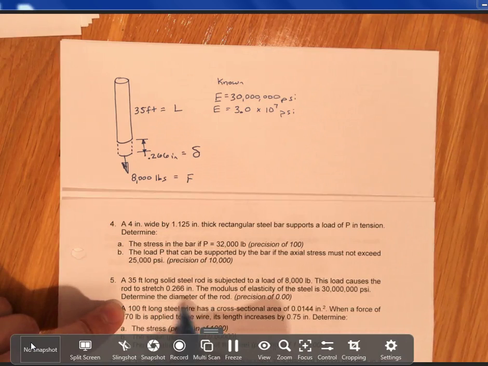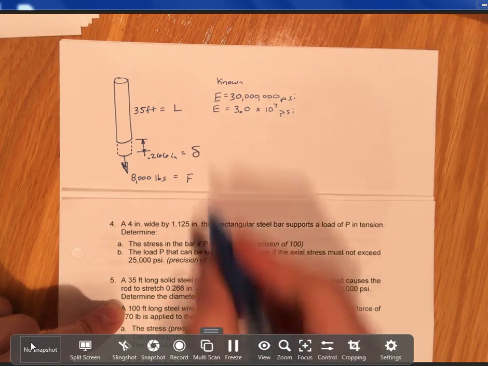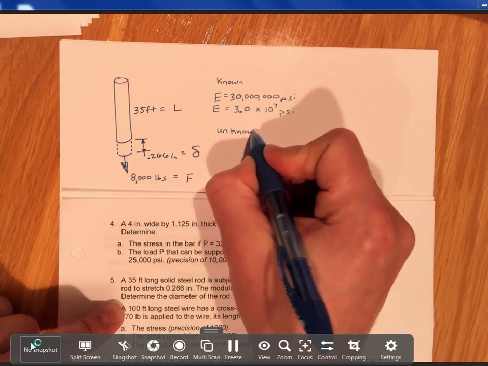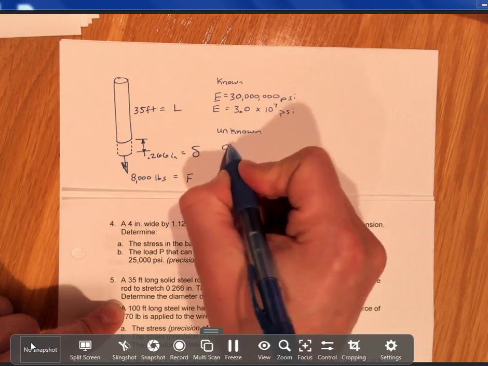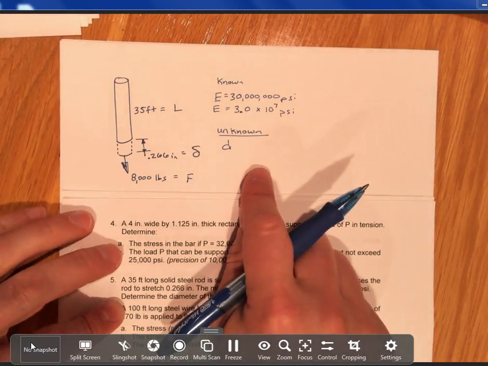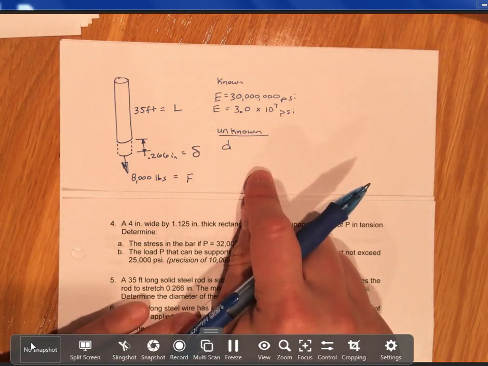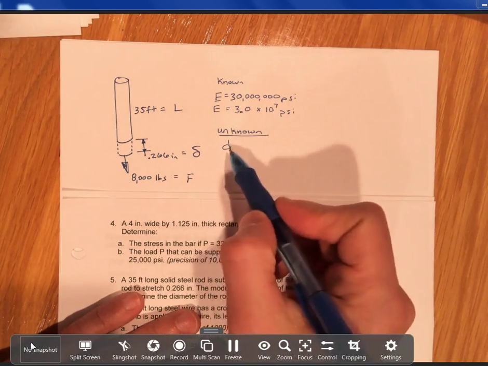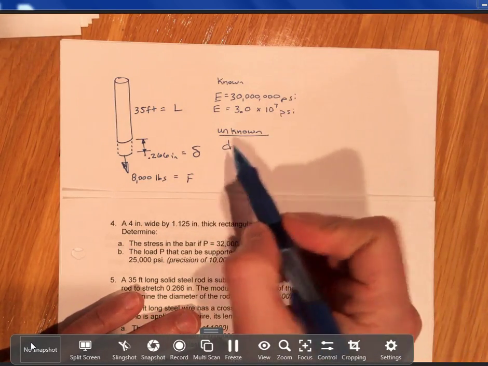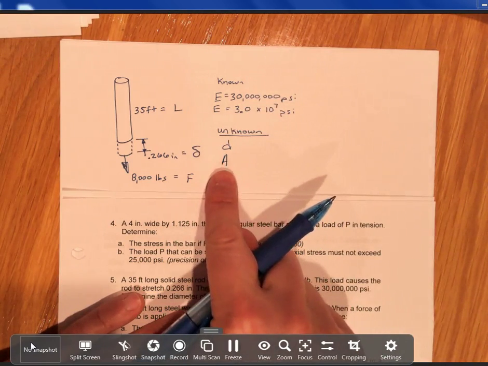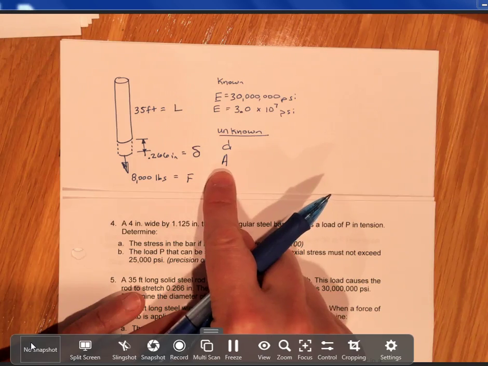Okay, we're asked to determine the diameter of the rod. D for diameter. We don't have diameter generally in any of our formulas, so that makes me think that something else that we weren't given, that's unknown, that we might like to know, is the cross-sectional area. Because that we've used in our formulas, right?